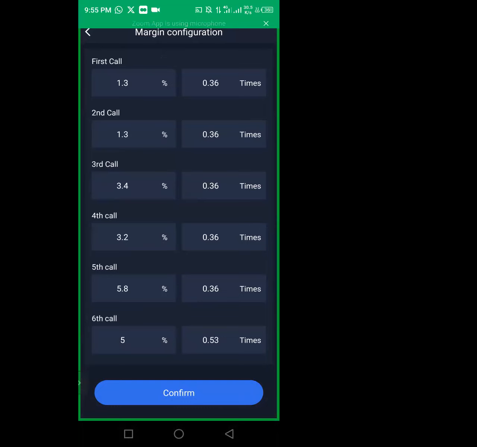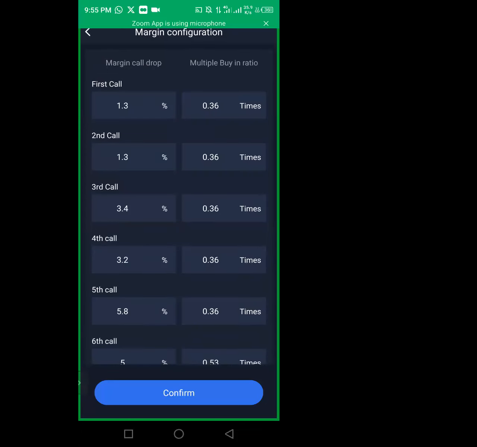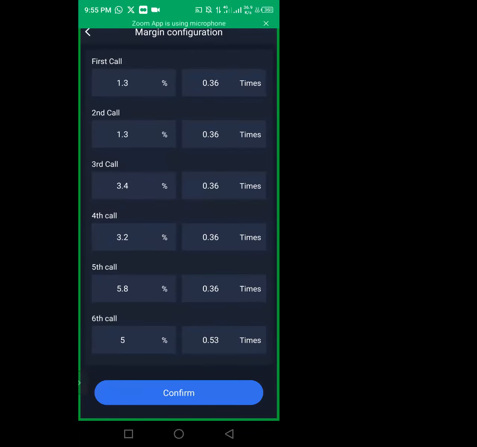Yeah, my name is Cosmas. Thank you for the exposure. I love what you're doing. I have a question about the margin drop call. I was thinking that the percentage is supposed to be in ascending order, because the third call is 3.4 and the fourth call is 3.3.